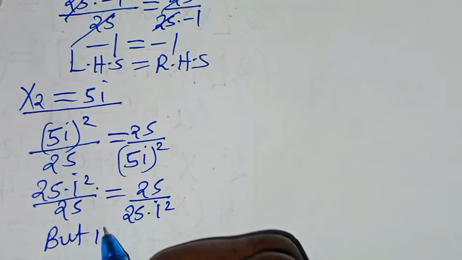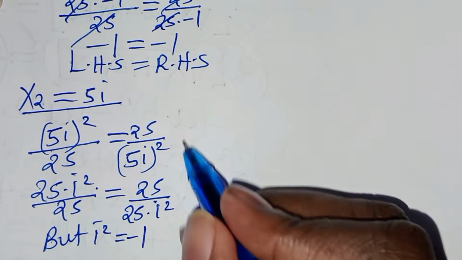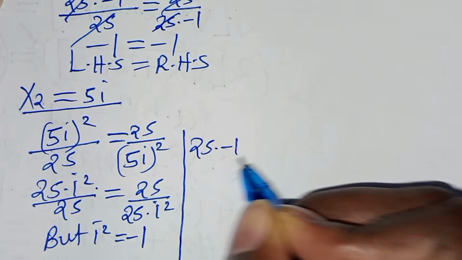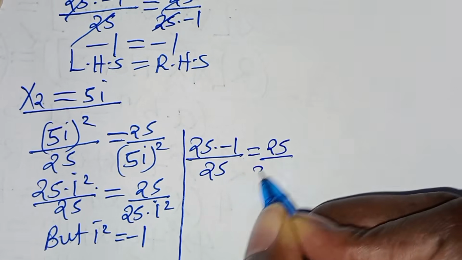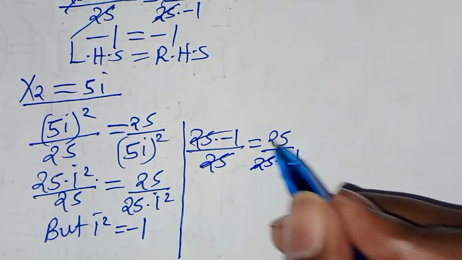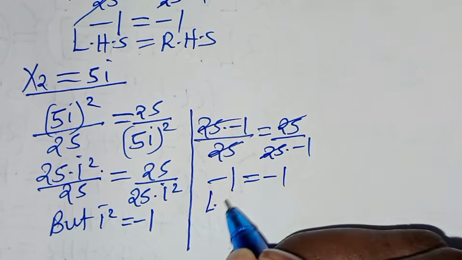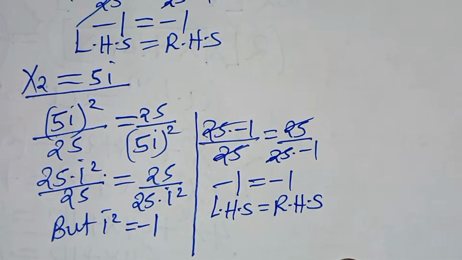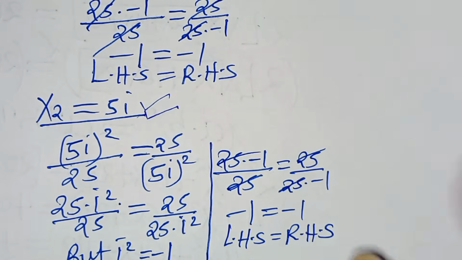But i squared is equal to minus 1, so we have 25 times minus 1 over 25, equal to 25 over 25 times minus 1. Simplifying, minus 1 is equal to minus 1. So the left hand side is equal to the right hand side, and this proves that x2 satisfies the equation.